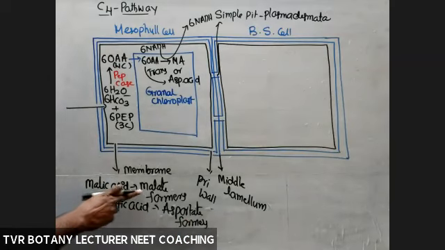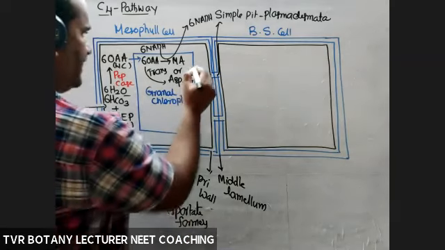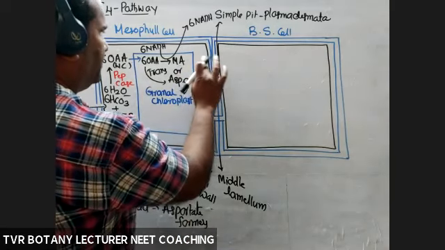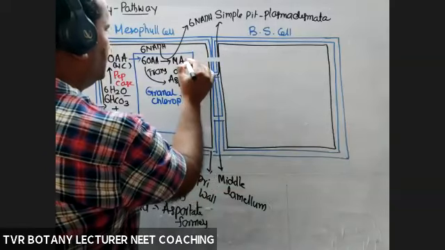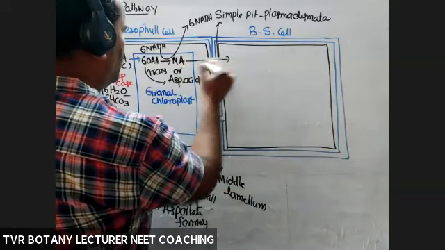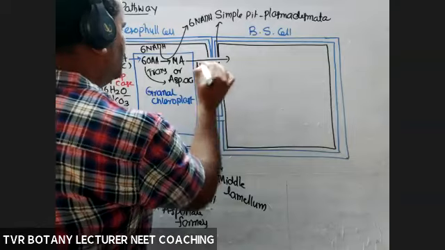Okay, so this one is by means of reduction, this one is by means of transamination. Remember that one. So now malic acid is transported into the thin area. Take thin area here. OAA. So what about the number of carbon atoms? 4C.